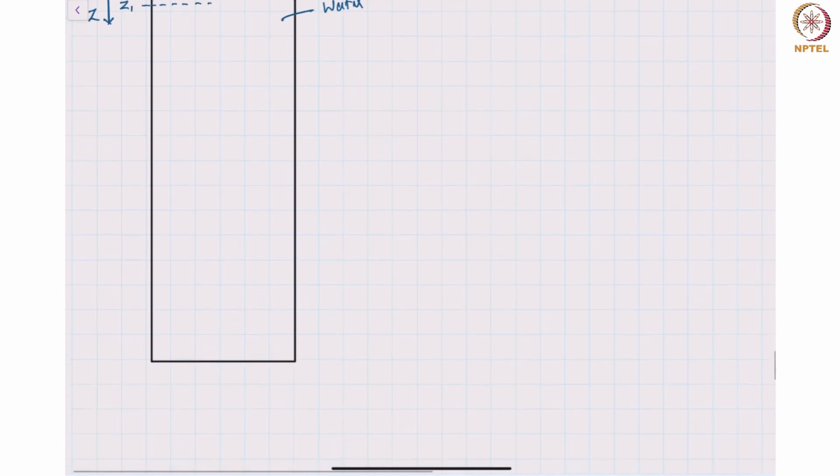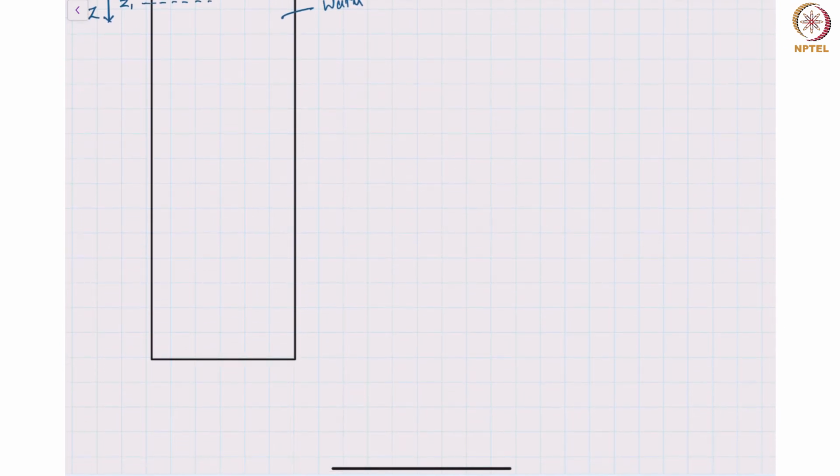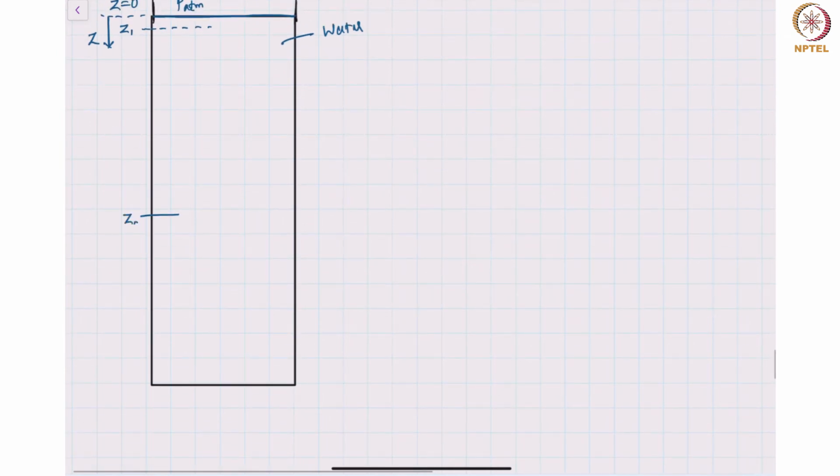Now let's look at a case where I'm somewhere in the middle. We'll call this location Z2, or position 2. This is position 1. And finally I can have a case where I'm at the bottom of the tank, Z3.